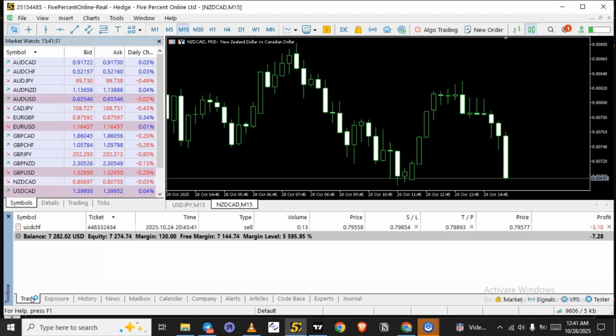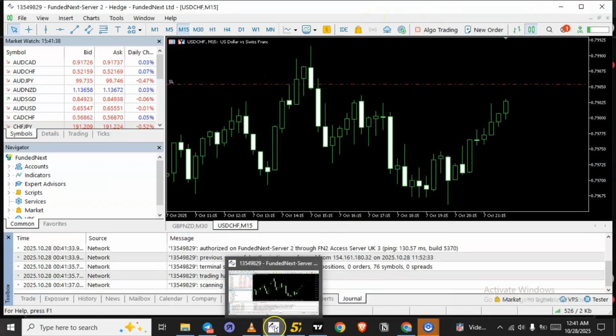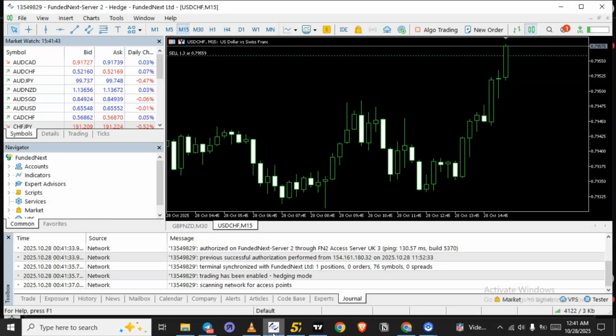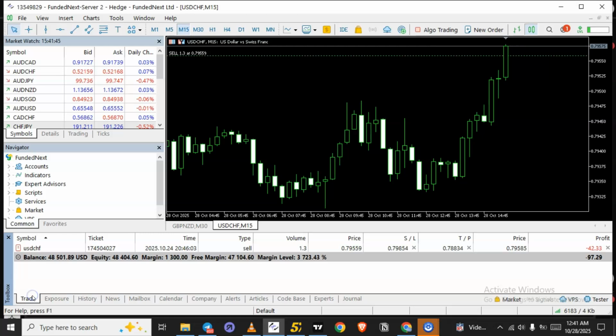So this is it. USD CHF. This is my 5% profit account, and let me check my fundamentals. This is my fundamental account. So I'm actually targeting 1:2 at 2%, and on both accounts I'm actually in drawdown.